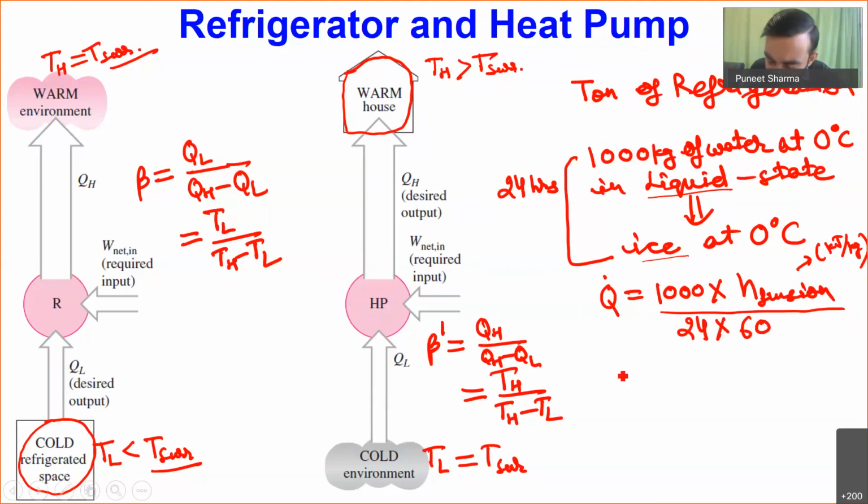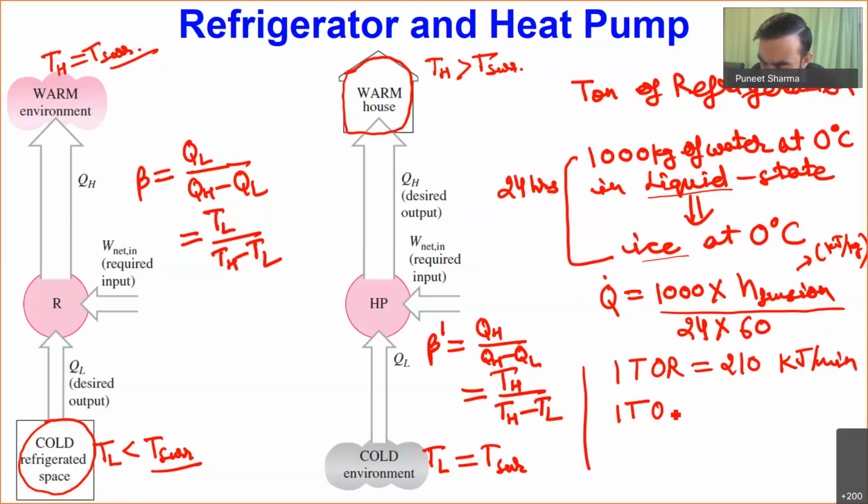This is the definition for tons of refrigeration. If I calculate this by substituting the heat of fusion, I will find 1 ton of refrigeration is equal to 210 kilojoule per minute. And if I convert it into kilojoule per second, 1 ton of refrigeration comes as 3.51 kilojoule per second.